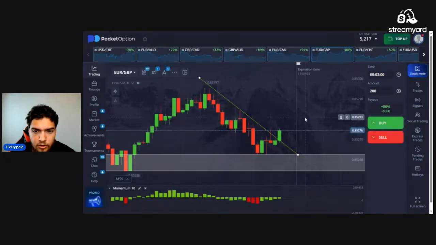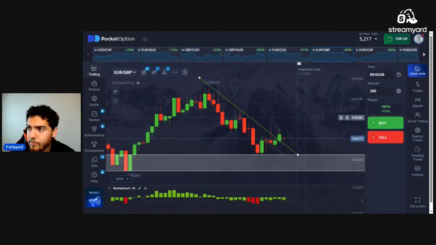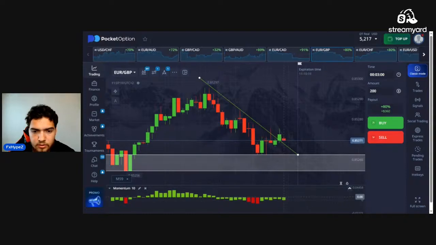See how this candle closes. Okay, it's rejected back down a little bit. Momentum still hanging below the 0 level.